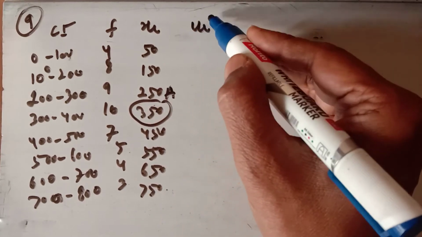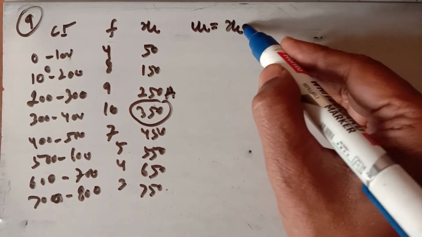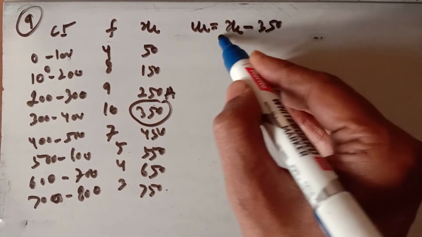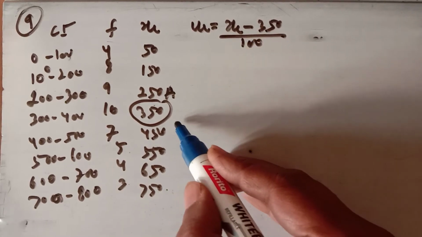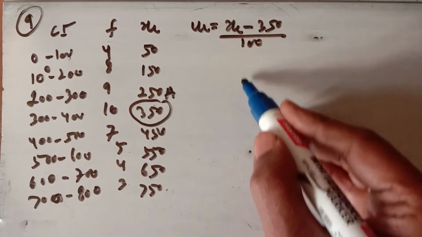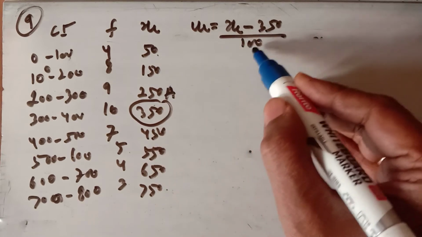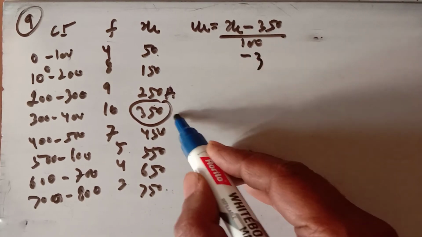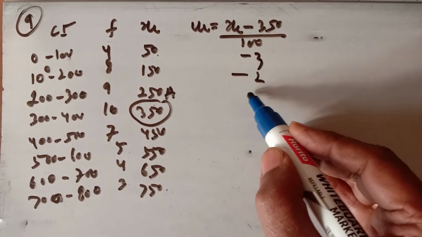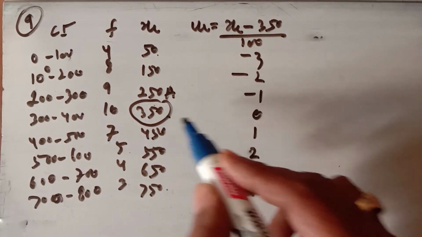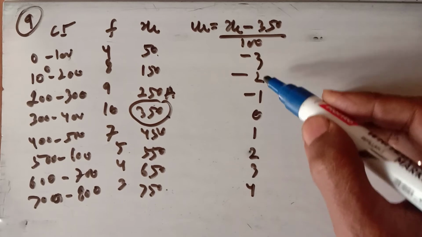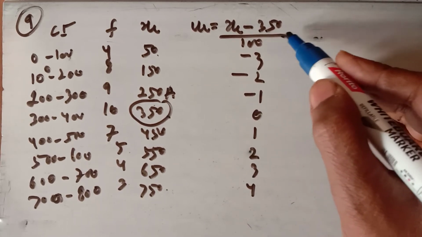So we will find ui, which is equal to xi minus assumed mean upon class size. Class size is 100, as I already told you in the previous lecture. तो xi is 50 minus 350 upon 100, that is minus 3, then minus 2, minus 1, 0, 1, 2, 3, 4. So this is ui.